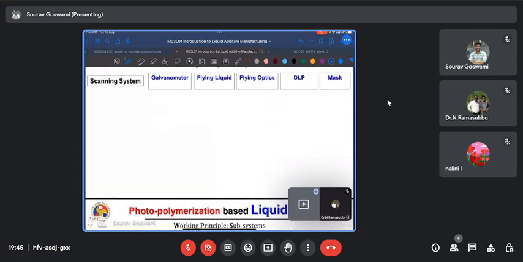Among these, the scanning system can be galvanometer based. A galvanometer consists of a pair of mirrors which can be deflected. While they remain stationary, I mean they remain hinged at a point, they can be suitably deflected or rotated. And this rotation or deflection deflects the energy beam, and thus the beam scans the area of interest.